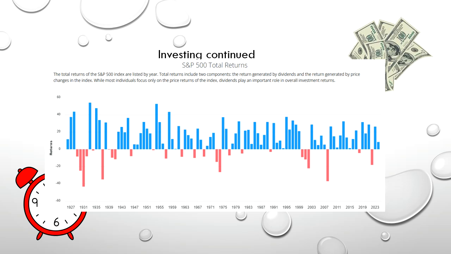As you can tell just visually, there are far more blue columns, or gain years, versus negative columns, or loss years. The average return of the S&P 500 since inception, which was in the 1920s, is somewhere between 10 and 11%. So I believe that's the gauge that is used if you're looking at how you could do invested on a very average basis.